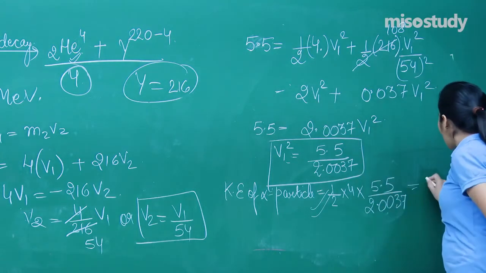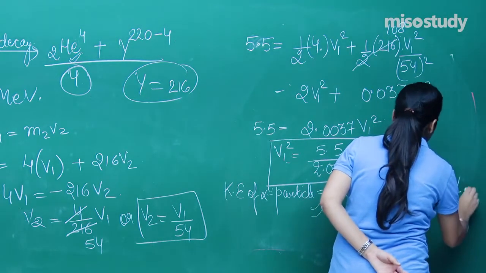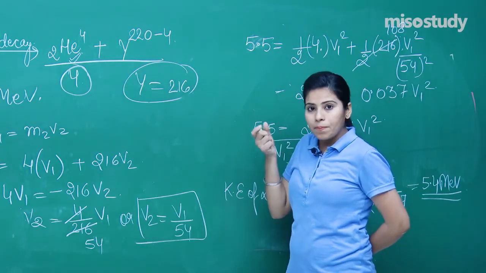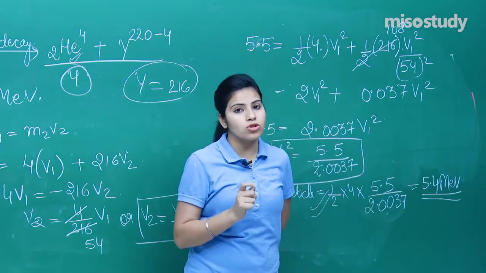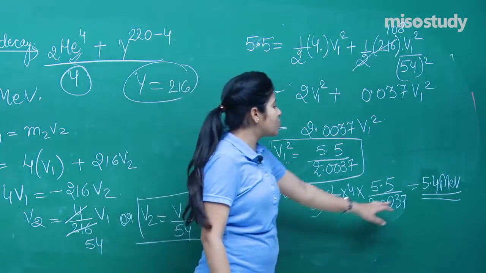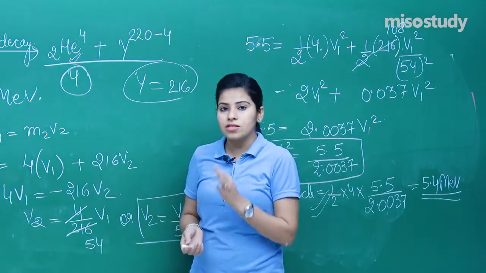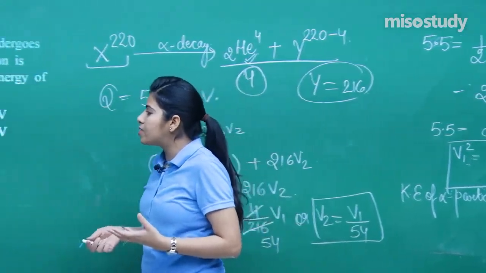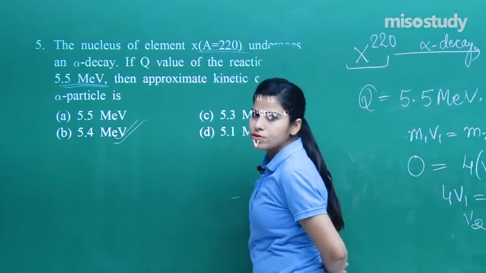If you solve it with me, you will see that the energy is 5.4 mega electron volt. Now we have to verify whether this option is available. Proceeding to the question, yes, we have one correct answer, and that is 5.4 mega electron volt.